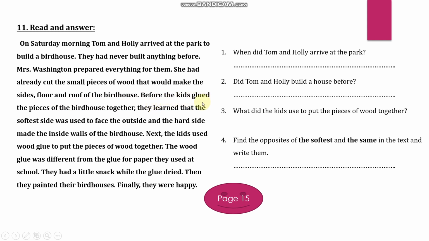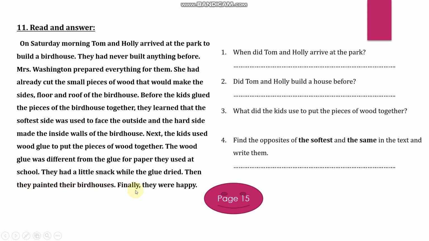Before the kids glued the pieces of the birdhouse together, they learned that the softest side was used to face the outside, and the hard side made the inside walls of the birdhouse. Next, the kids used the wood glue to put the pieces of wood together. The wood glue was different from the glue for paper they used at school. They had a little snack while the glue dried. Then they painted their houses.